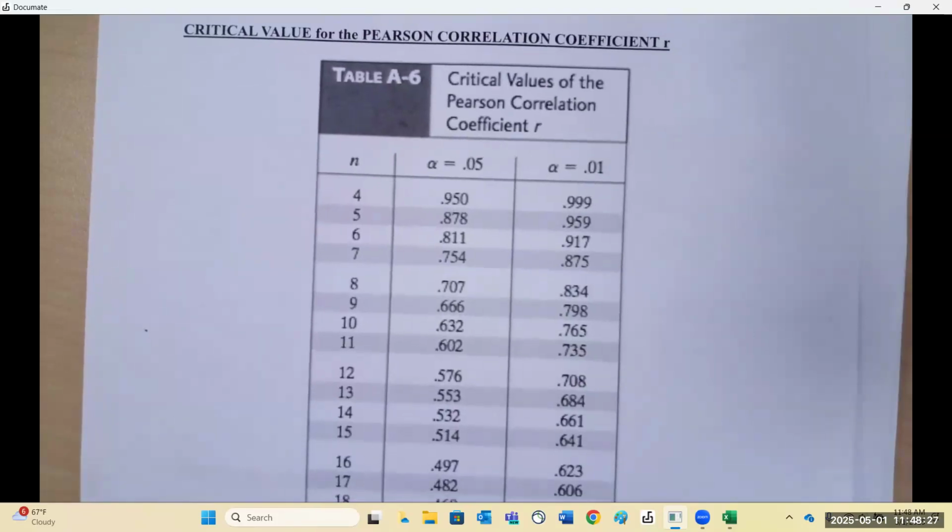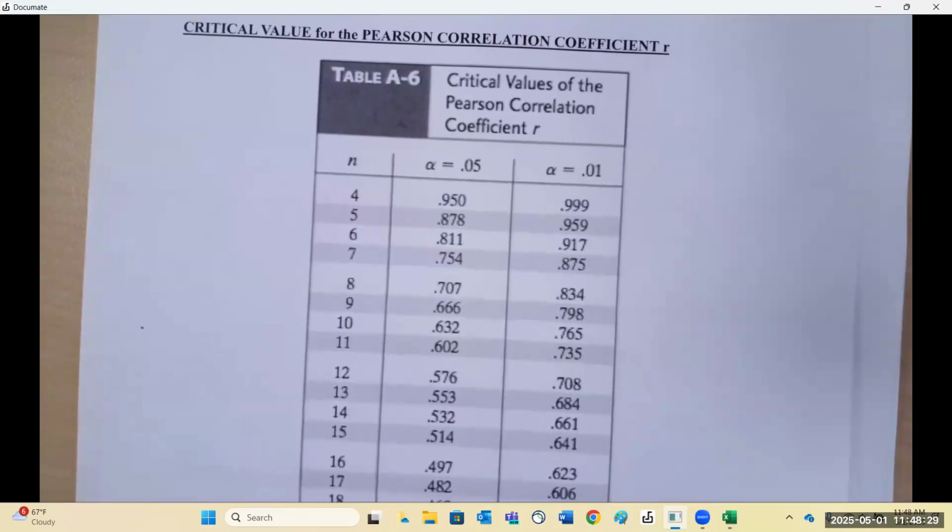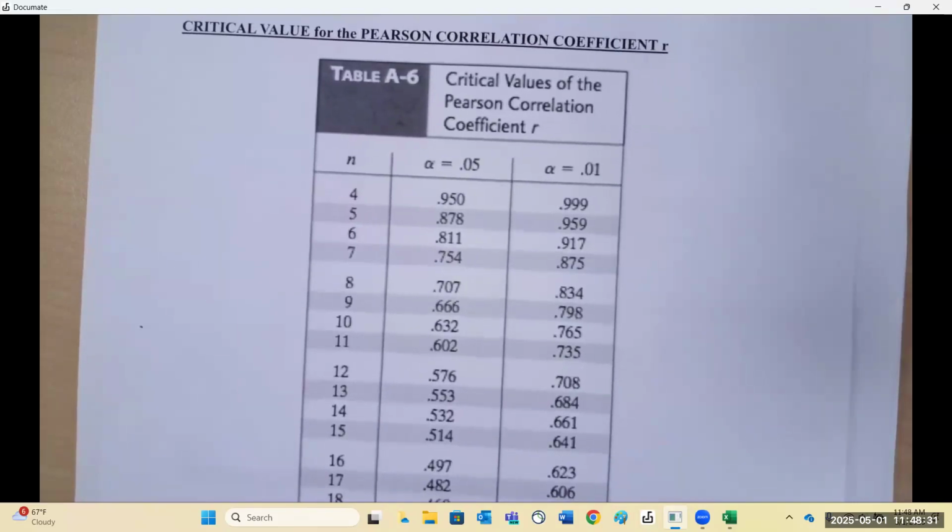Another table that may be easier to see. Let's use this one.